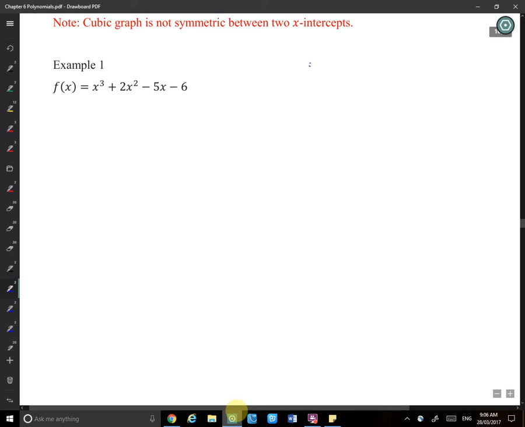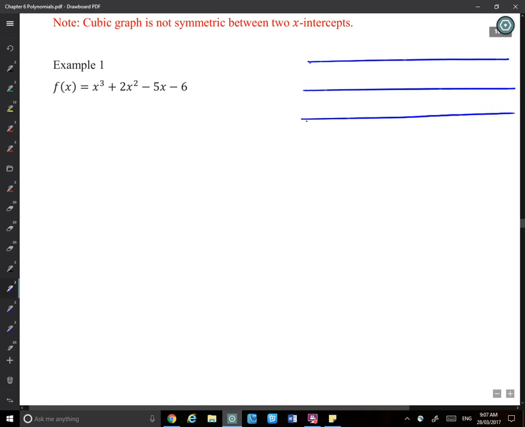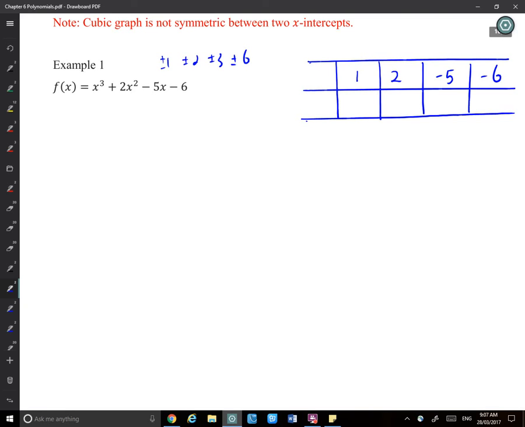Okay, back to last week's content. Factorize it by using this magical box. Okay, 1, 2, -5, and -6. Right, so plus -1, plus -2, plus -3, plus -6. Which one do you think I'll start with?